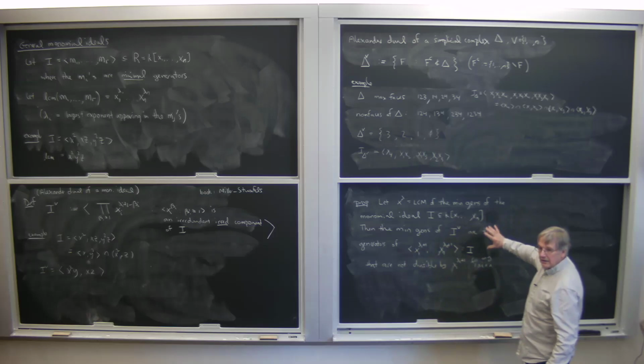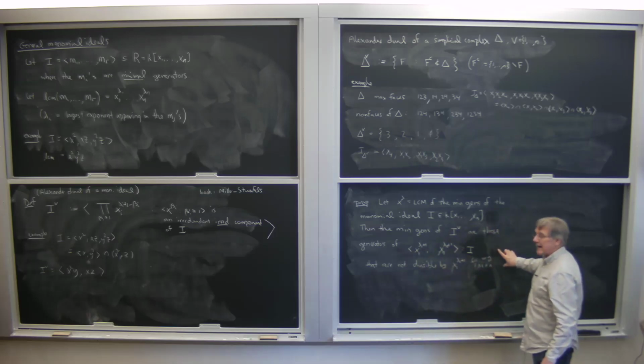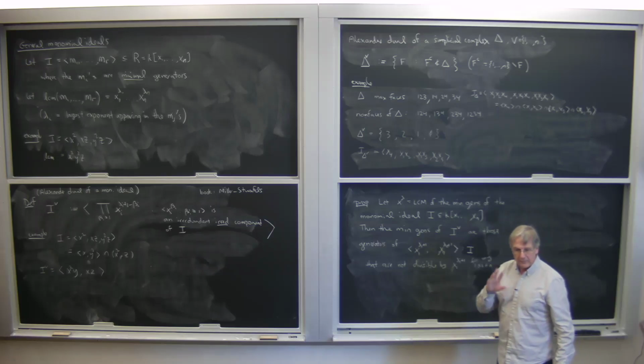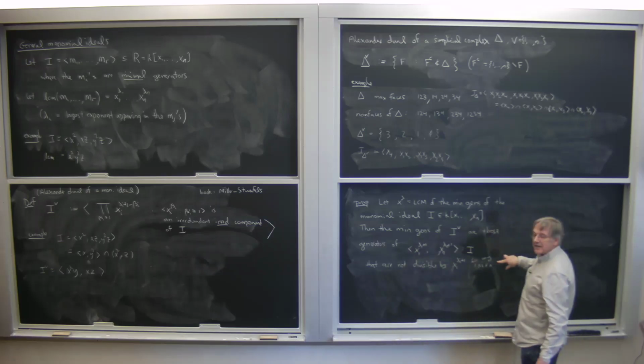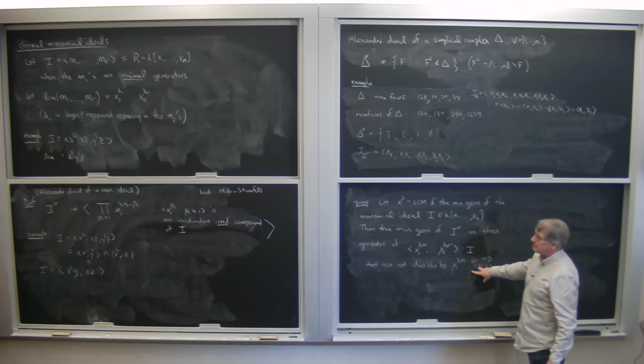So this is the key thing. This gives you an algorithm for computing it. It's actually our second algorithm. The first one was to do the irreducible decomposition. This essentially gives you the same information, but it gives it to you directly without any choices in how you do the computation.